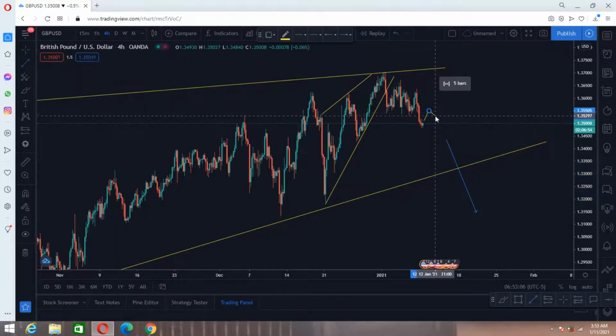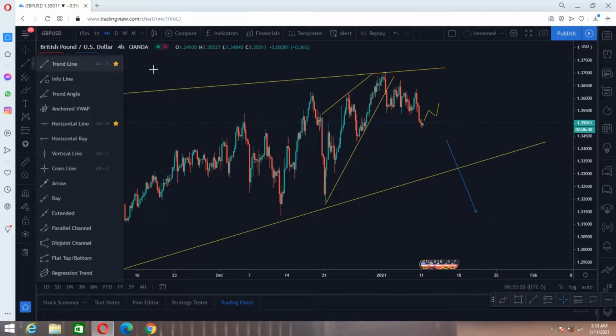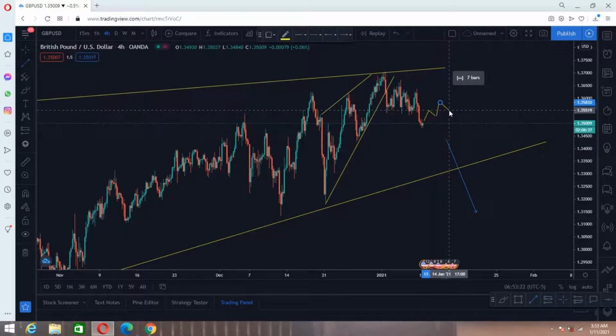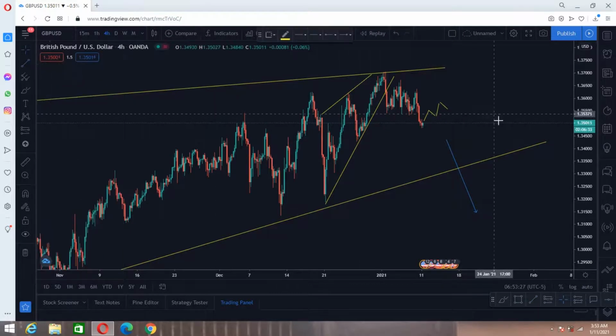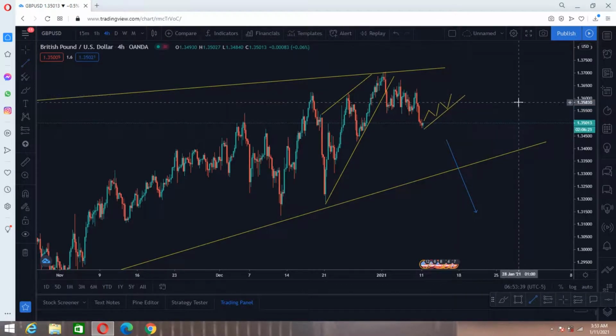We're going to look for our sell entries on GBP USD, but we have to wait for a pattern in order for us to know that we're going in or not. We just can't go in without seeing a pattern, because we trade with patterns. Without any pattern, we do not know what's happening to the market. But if we see a pattern, we have a clue on what's going to happen.